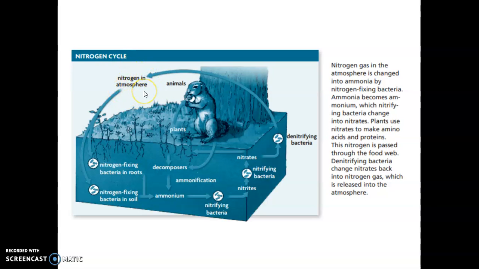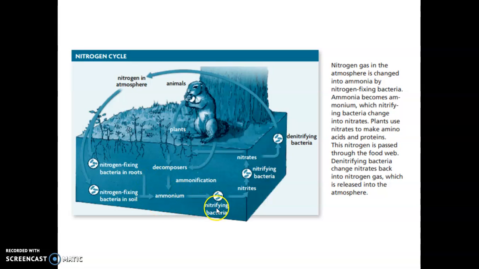A large portion of our atmosphere is nitrogen. The problem is that animals and plants can't really use this nitrogen in a gas form. So it enters into nitrogen-fixing bacteria, which are found in the roots of a lot of plants, right in the soil. So nitrogen in the atmosphere gets absorbed into these bacteria, and you can see this little chart we're about to talk about.